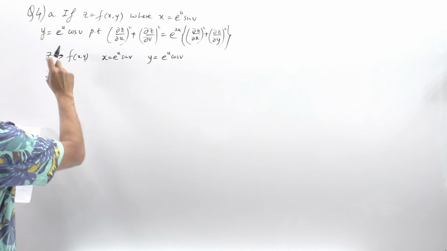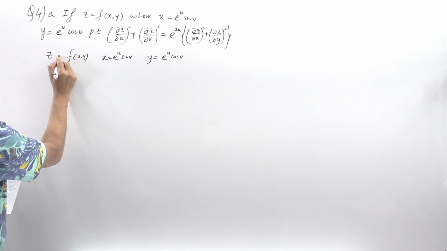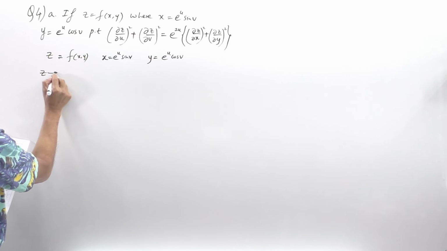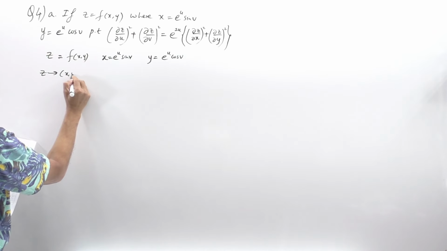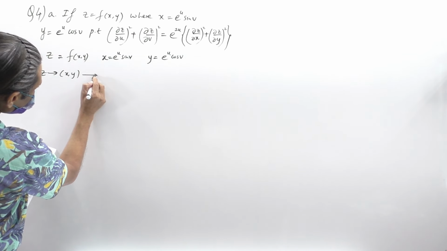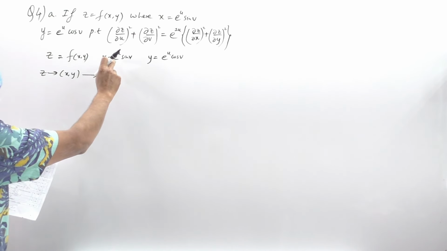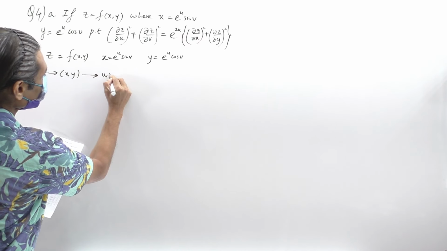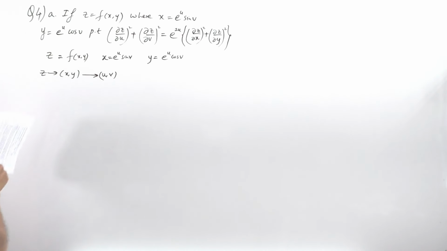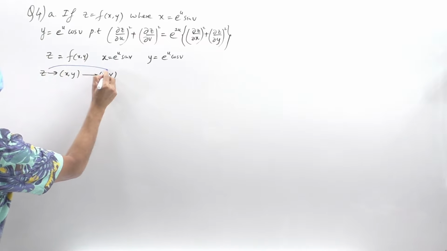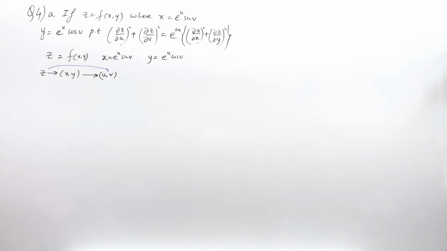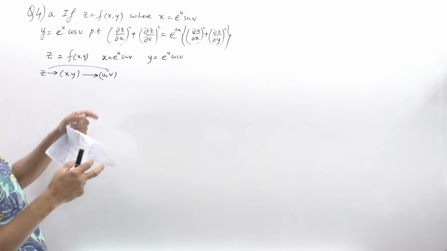Okay, so that means z, I write here, z is a function of x and y, but x and y are functions of what? U and V. That means z is a function of u and v, meaning as I explained earlier, z has two wives, x and y. x and y have two children, u and v.